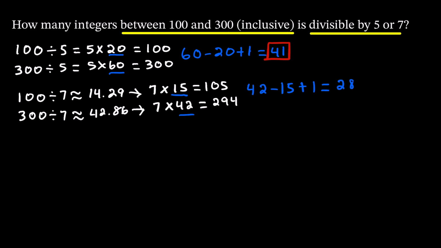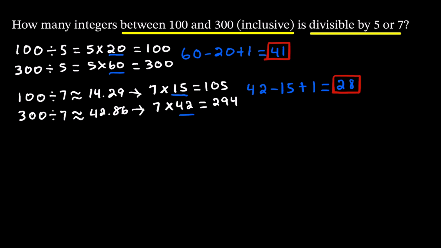So we found 28 multiples of 7 in this range. But now we're not finished yet. We have to find multiples of 35. And the reason why is because the least common multiple of 5 and 7 is 35, and we need to avoid any overlapping.